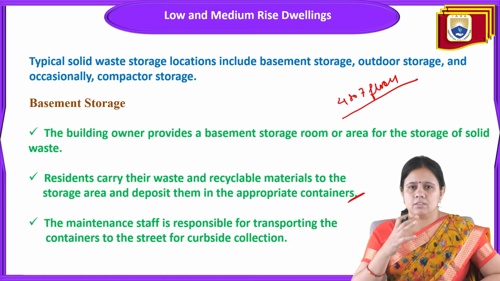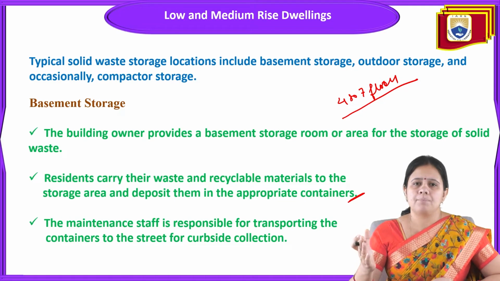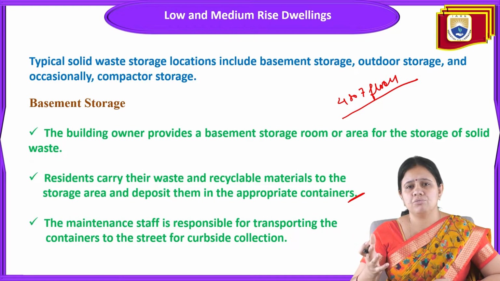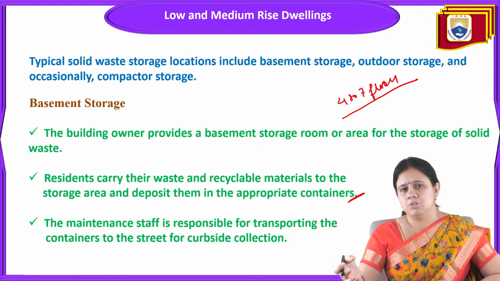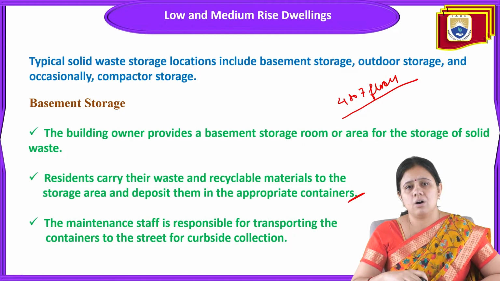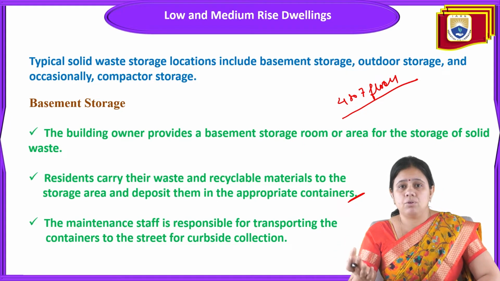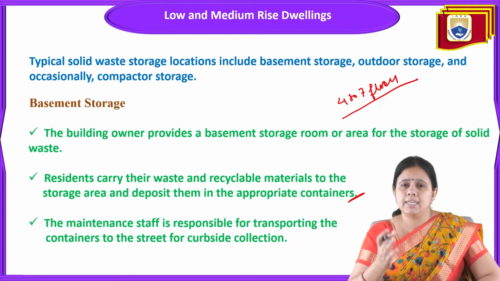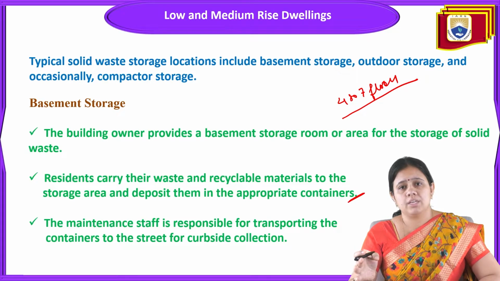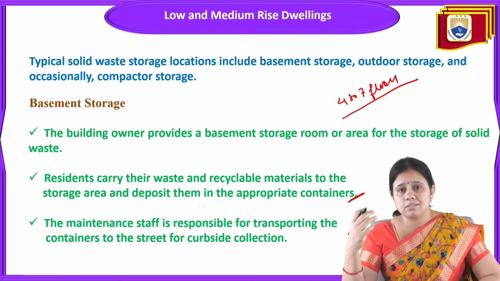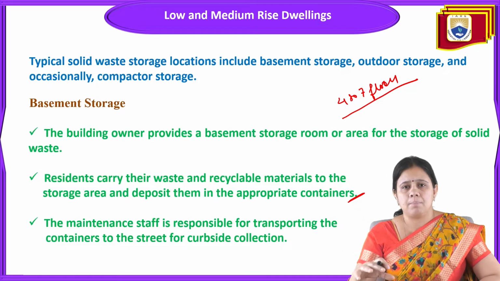As we know, in a small building of up to four floors, the person is responsible for its transportation. Means those who are residing in the house are responsible for its transportation. And if the building size is 4 to 7 stories, then the maintenance staff in that apartment will collect it.